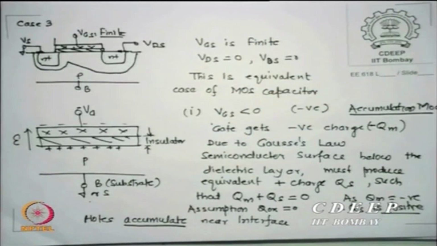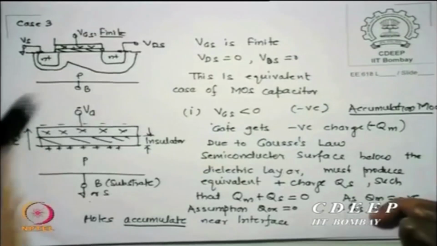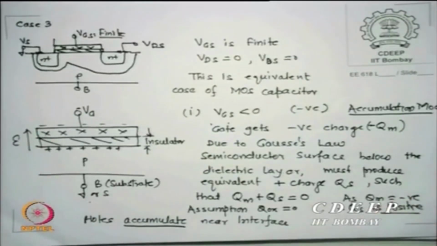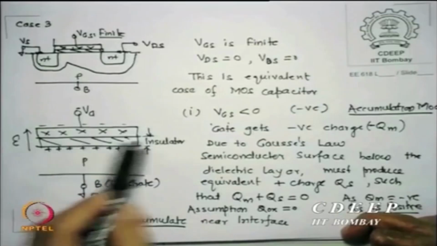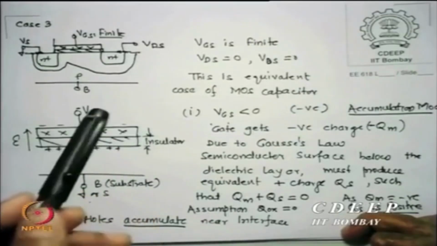It says that across the loop of Vg to the ground, the net charge must be 0. I mean the system must be in equilibrium.